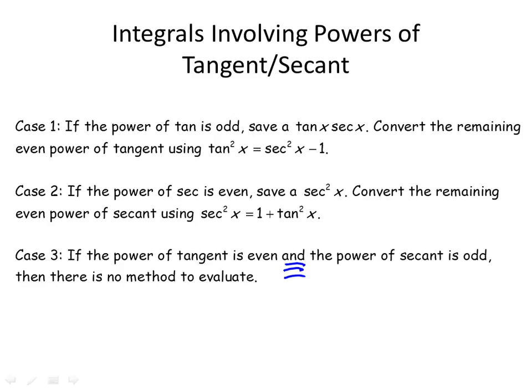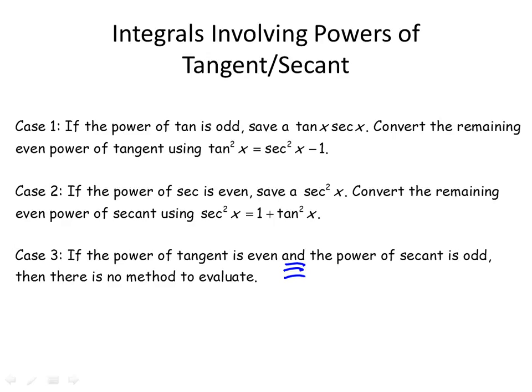Secant tangent. So, if the power of tangent is odd, you want to save a tangent secant or secant tangent. Those are interchangeable because it's multiplication. Save that for when you do the derivative of secant.